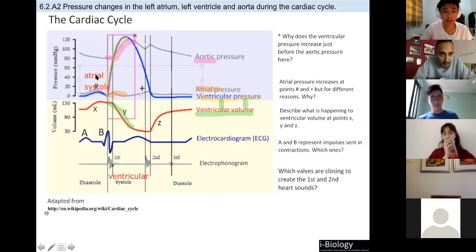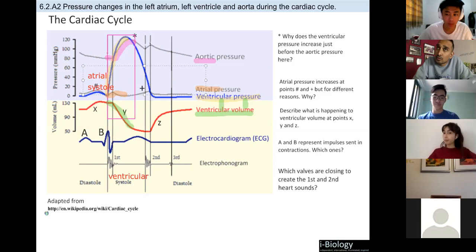But then today you said that the ventricle is so strong, so it affects the atria. So maybe that's why the blood doesn't come in at that point. Could be. But wait, we said that would happen during ventricular systole?